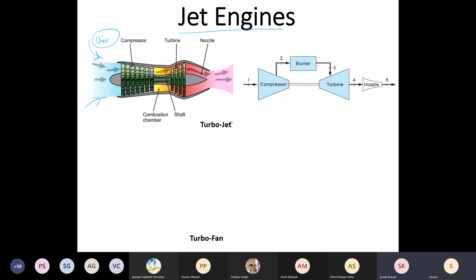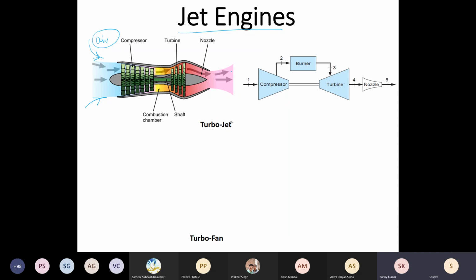Anybody else? And pressure? Anyone from the states of Himachal Pradesh, Uttarakhand?